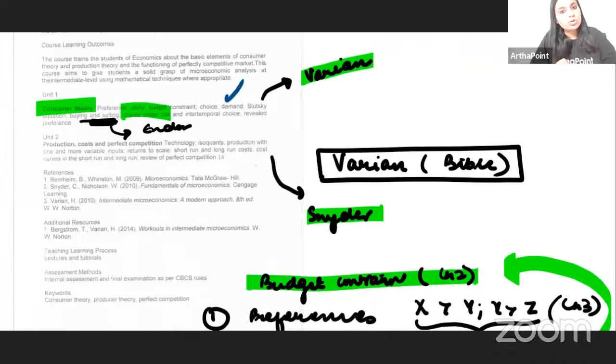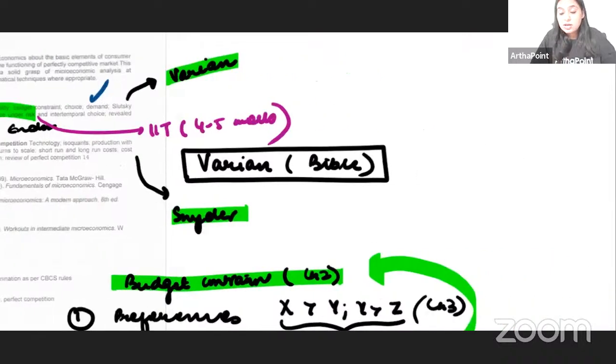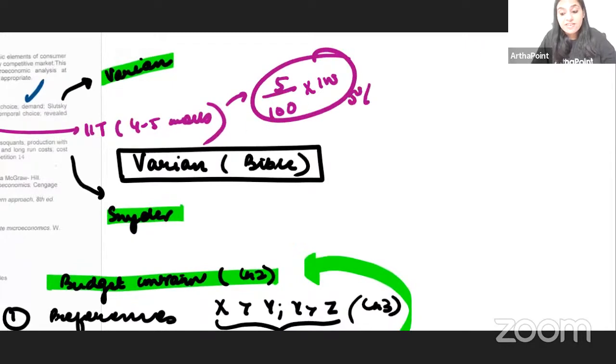A sure shot question comes in risk. In fact, risk is so important that every year in IIT, it comes for 4 to 5 marks. And that is not less. 5 marks in a paper worth 100 marks is not less. 5% allocated only to a single topic.